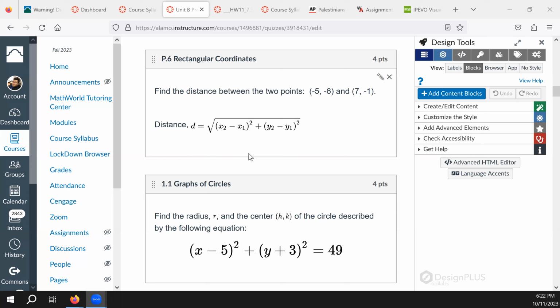So just label your stuff x1, y1, x2, y2. And that's pretty much it. Plug it in and we should be good. So x2 minus x1.